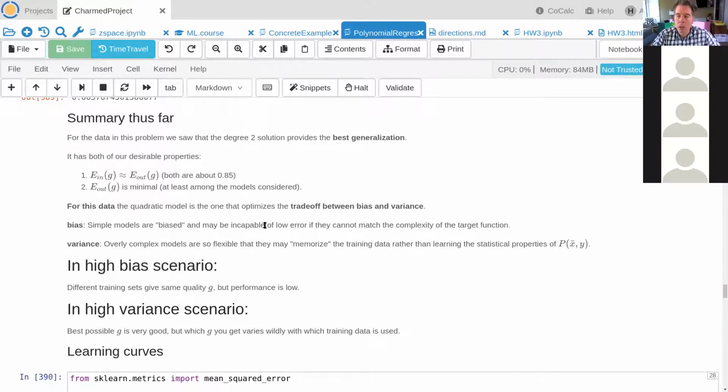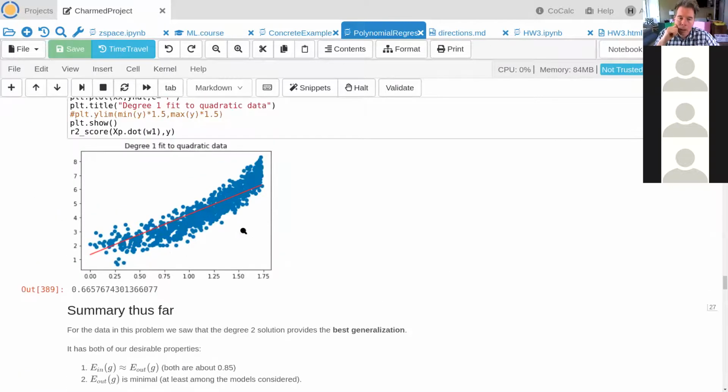But usually when somebody says that here's a machine learning model that has high bias, what that means is that the model is too simple for the target function. Like in this example, the model with the highest bias here is the linear model, because it's not complex enough to capture this curve in the data. So that's what bias is: the hypothesis set contains hypotheses that can't really capture the richness of the target function.